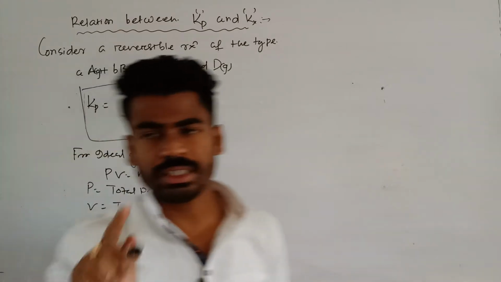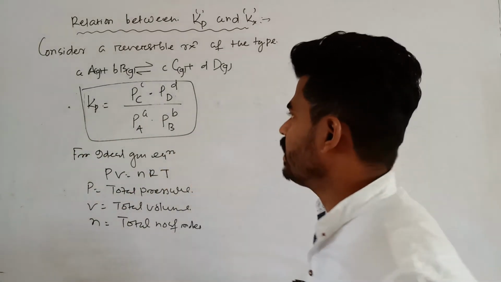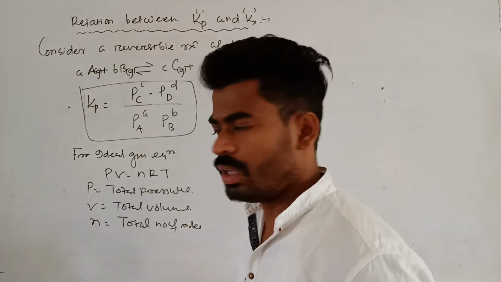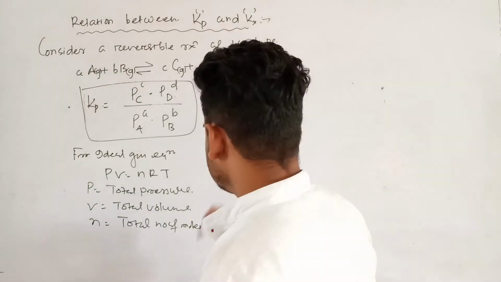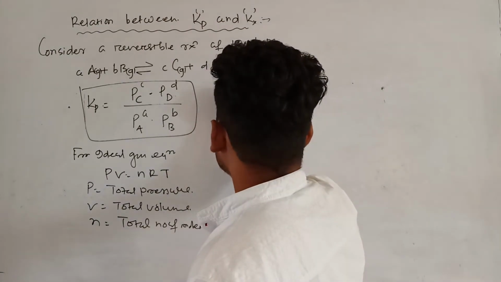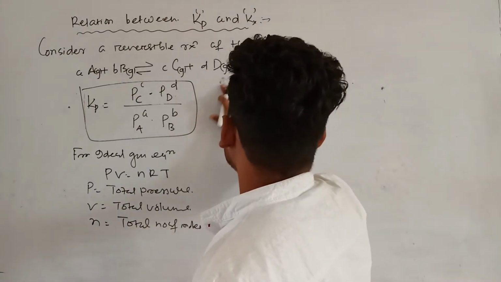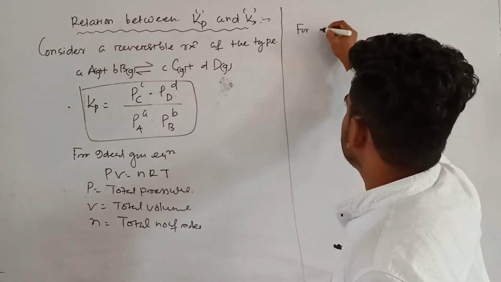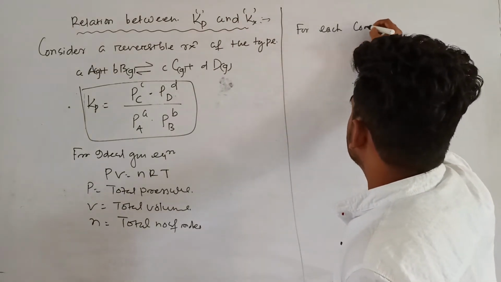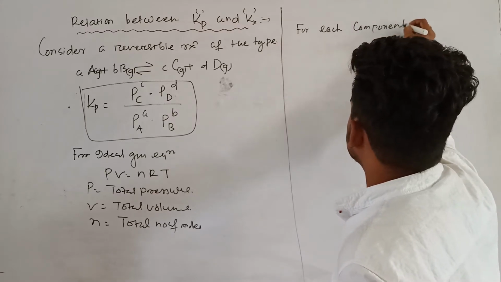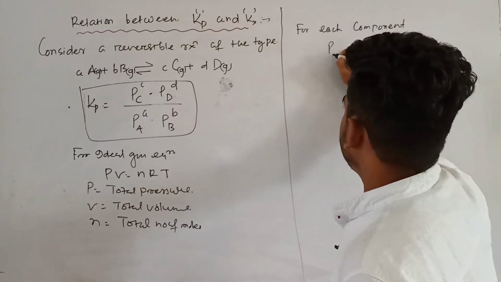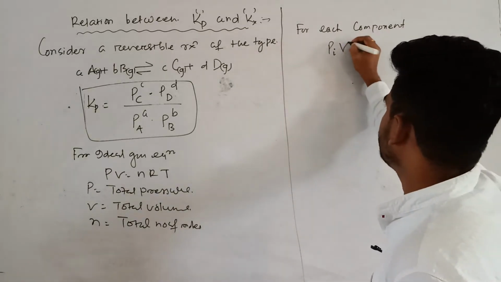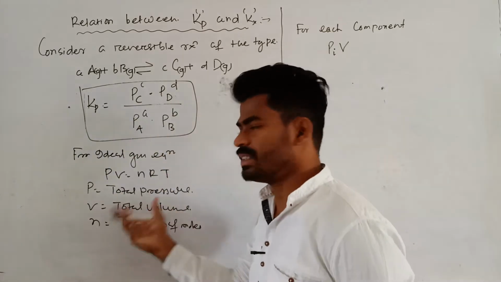Let's say for each individual component I am applying the ideal gas equation. So for A, I can write the partial pressure of A only. Now generally for each component, I can write Pi, the partial pressure of each component, times volume V, because each individual component is present inside the mixture.